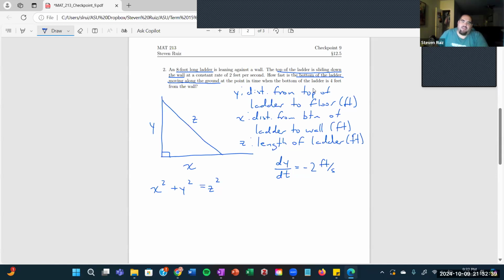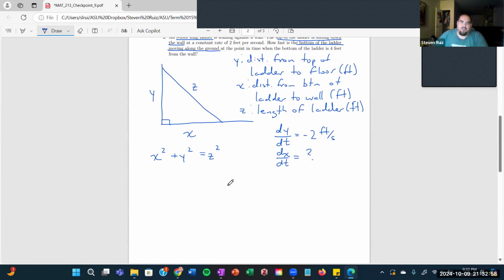Can we give a name to that rate? Something with respect to time, I think that is dx/dt, because that's what this distance x signifies. So I want to know how fast x is changing with respect to time, and I believe that is my unknown.